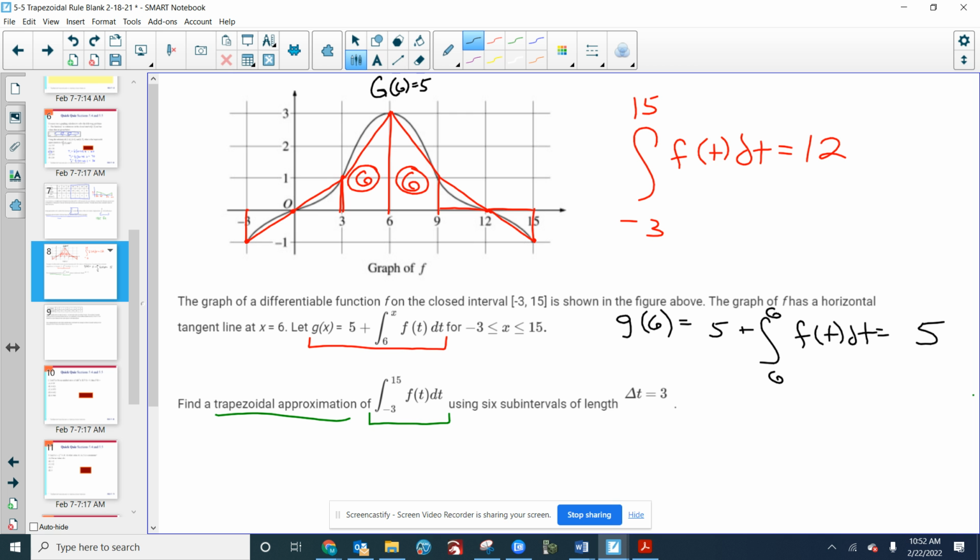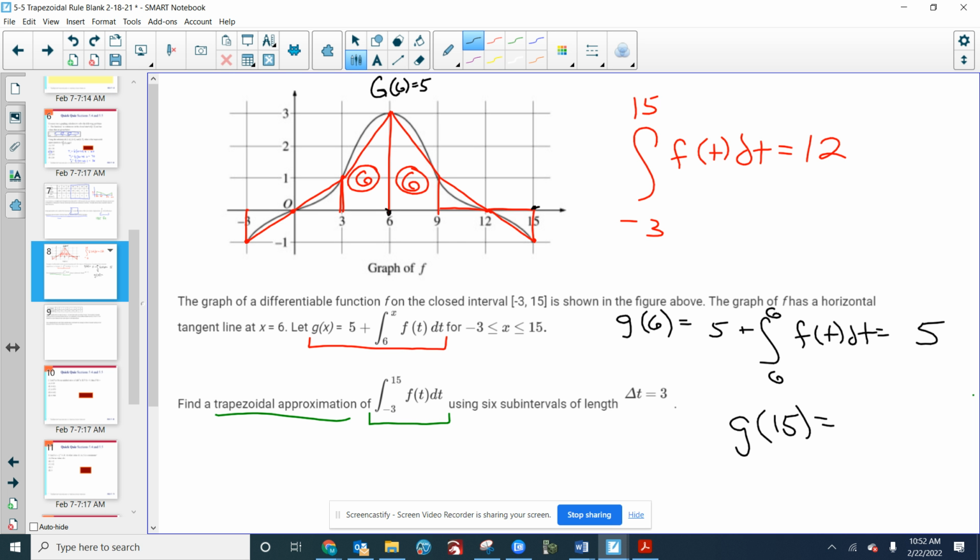So what if I say, what's g of 15? G of 15 is, ready? I have to start here because that's the value I know. I know g of 6 is 5. So ready? 5 plus 6, I'm up to 11.